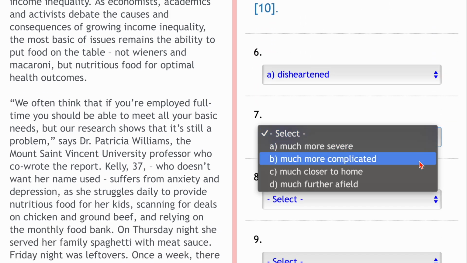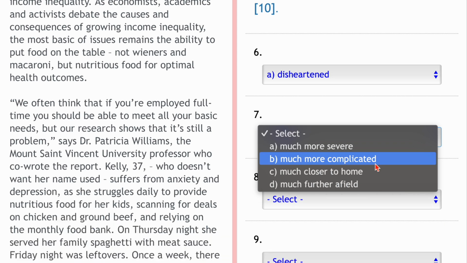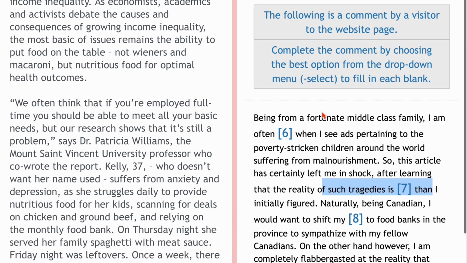Much more severe, much more complicated, much closer to home, much further afield. So these tragedies, not more severe because initially they thought they were very bad, or not more complicated because I think everyone knows this is a complicated situation, or in the beginning they said they feel sad about this situation, so they know it's complicated and severe.